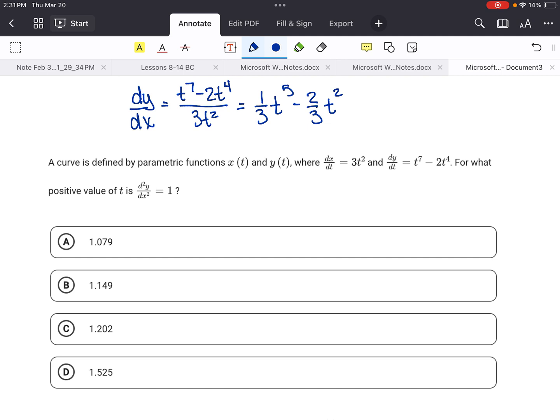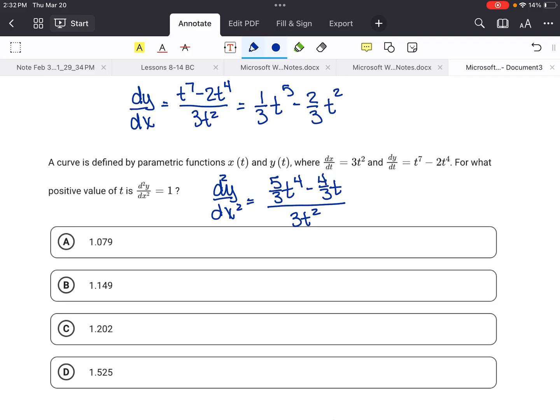So now when I do the second derivative, I'm going to have the derivative of the top over the original dx. So that's the part that you have to remember with parametric that's a little bit different.